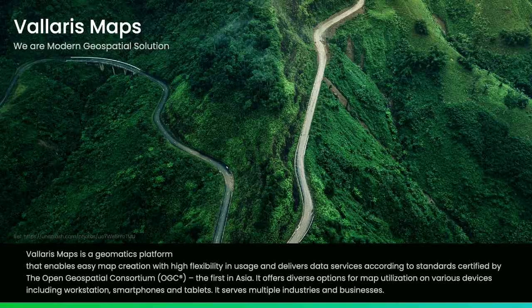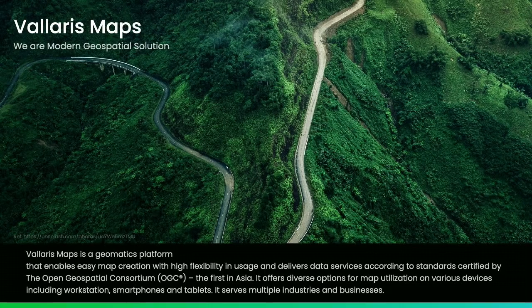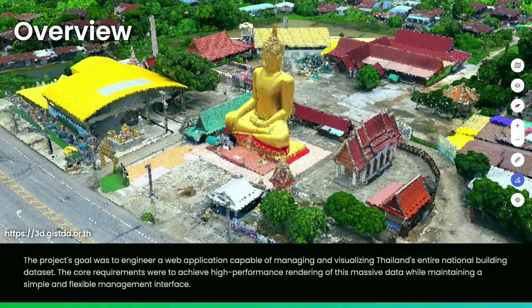We install it, and in this one I will give an overview of my project. We are dealing with a massive data set, like building footprints in Thailand. If you see, it is a Buddha in Sukhothai.